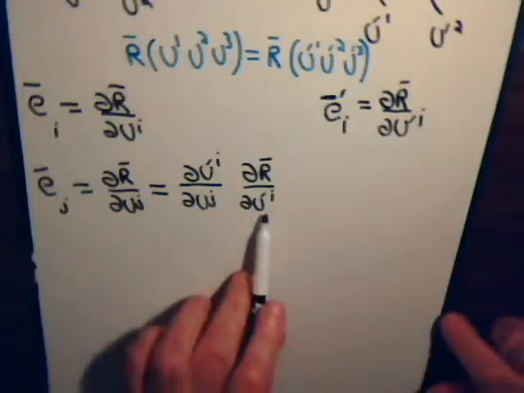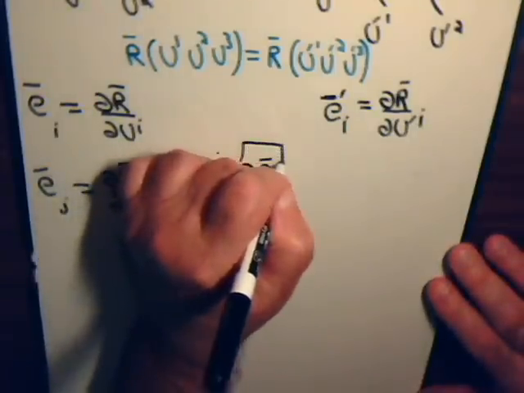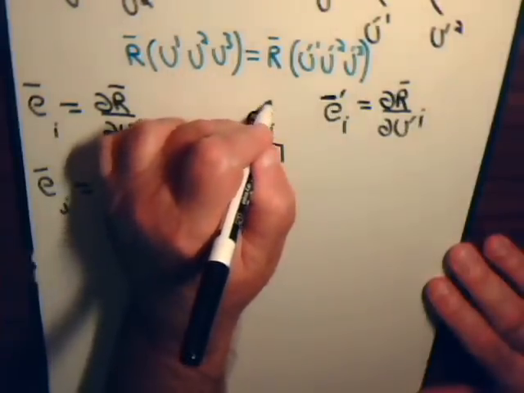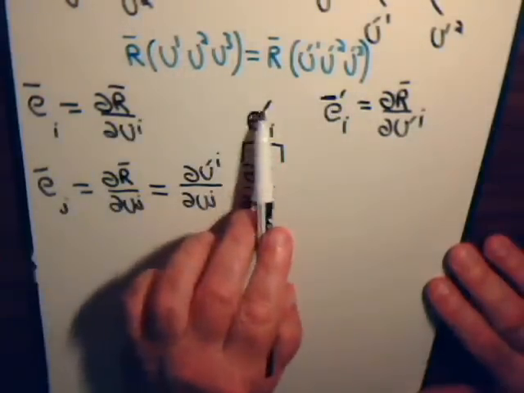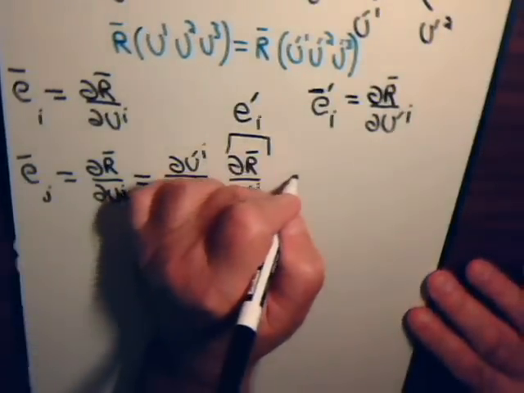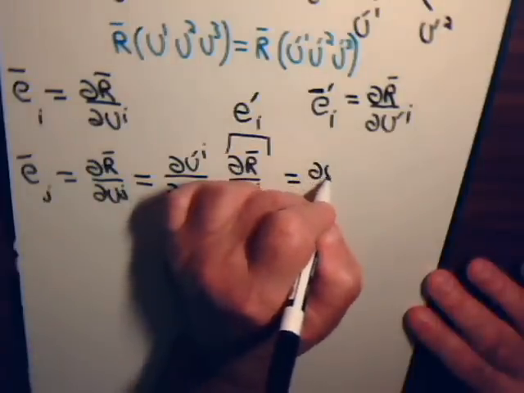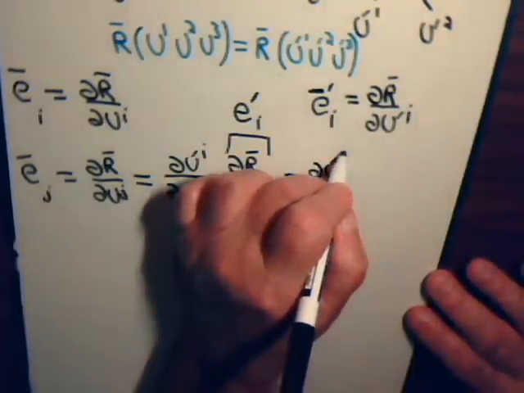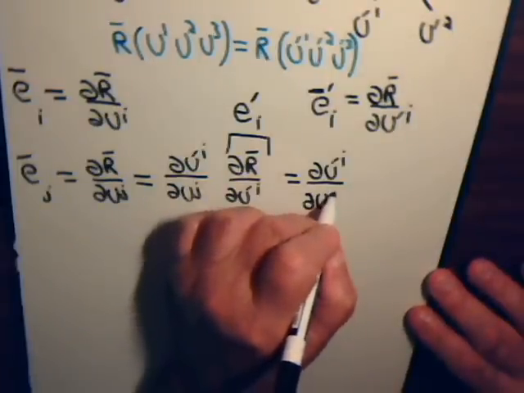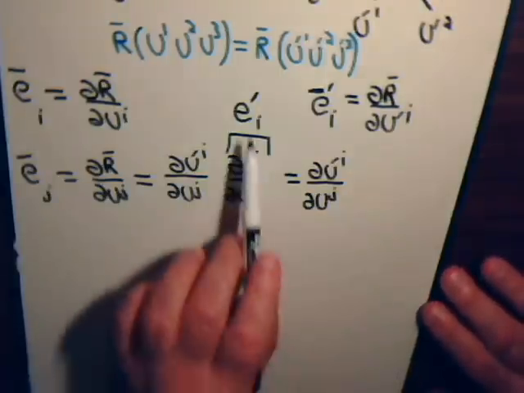But here, this then would be e i prime. Again, from here on out, we're going to leave the bar off. So we can say that this equals the partial of u prime i with respect to uj, this is a superscript here, times this.